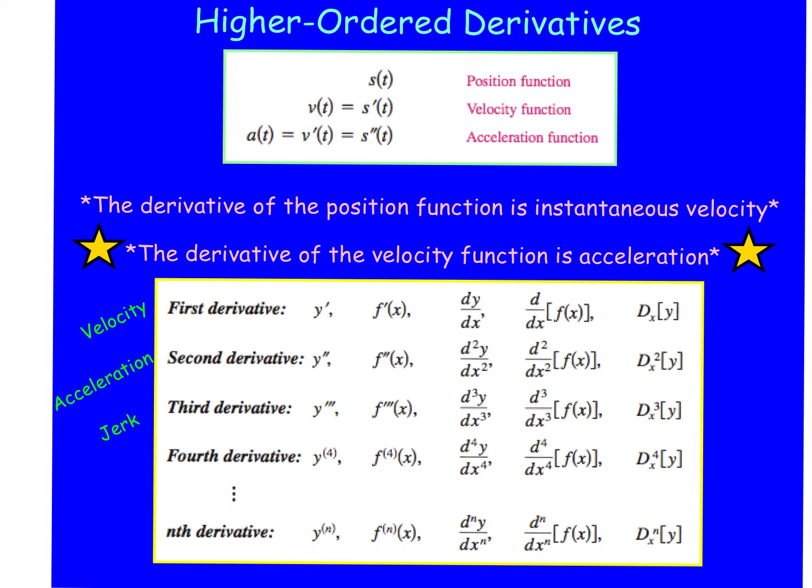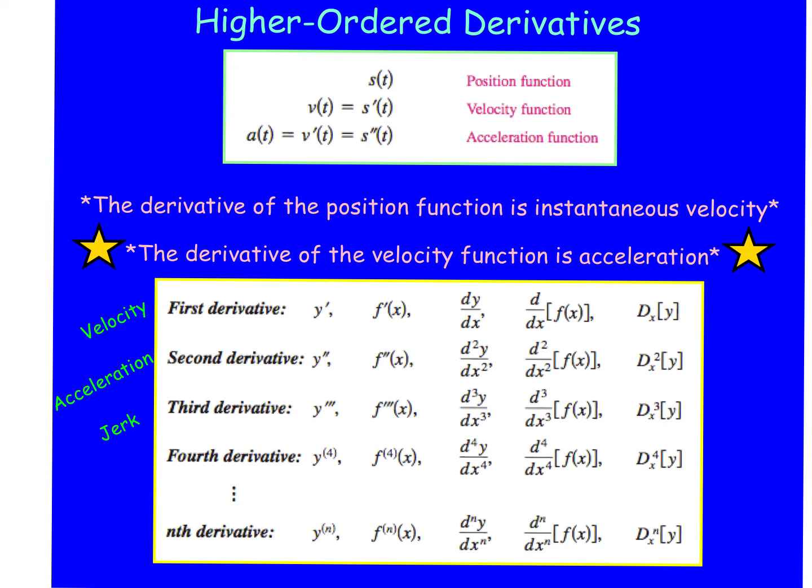And then if I take a derivative of velocity, that's acceleration. And what kind of acceleration is it? Instantaneous acceleration. So if I go from position to acceleration, how many times am I taking a derivative? Twice.